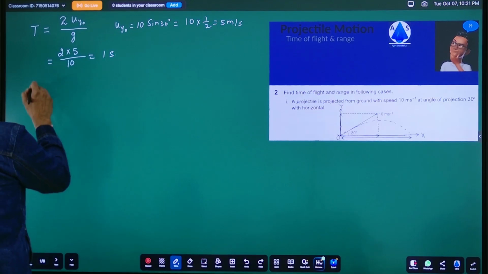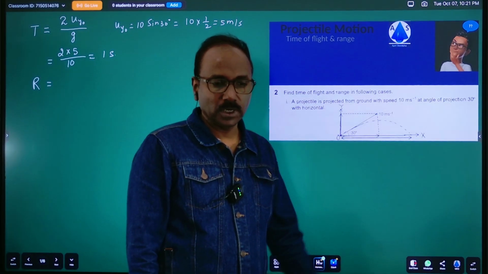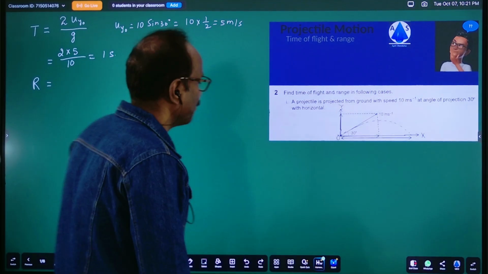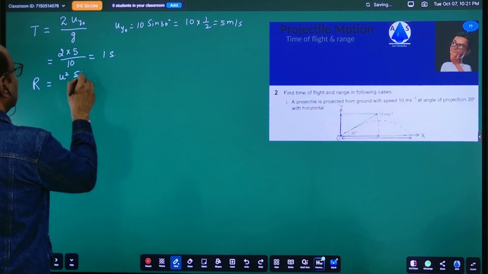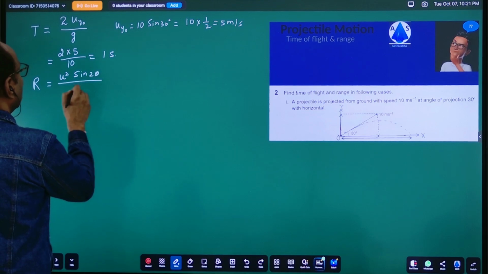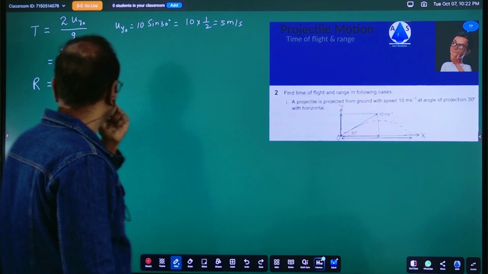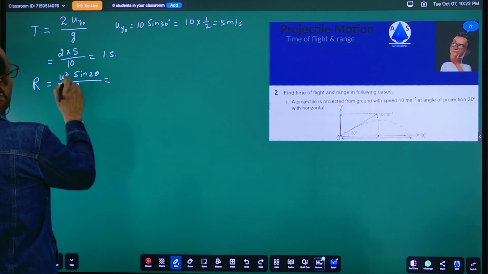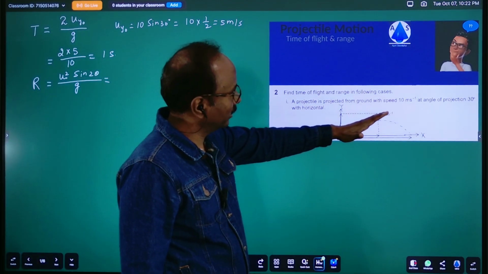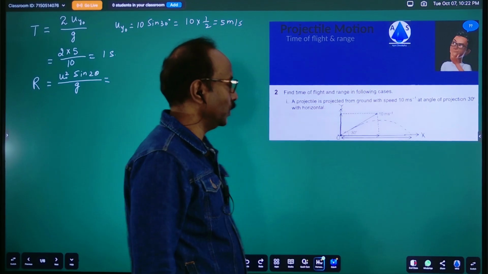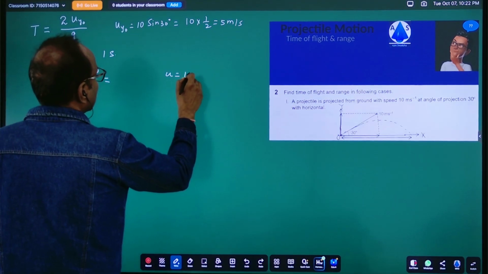Same way, you know the formula for range in such a case where the particle is projected from the ground and comes back again to the ground. That is u square sine 2 theta by g, where theta is the angle of projection, that is 30 degree, and u is the initial velocity with which the projectile has been thrown, 10 meter per second.